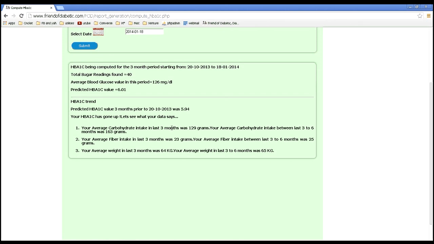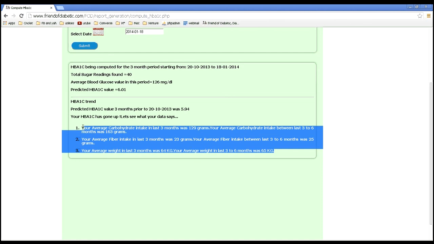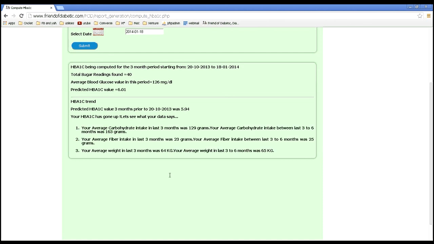If it sees that your HbA1c value has improved, it indicates that, and it also tries to figure out whether you have started eating more calories or more carbohydrates, or your weight has increased. This kind of analysis is indicated in these three lines.